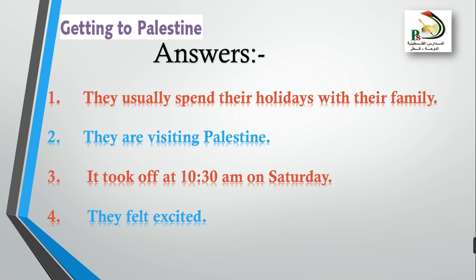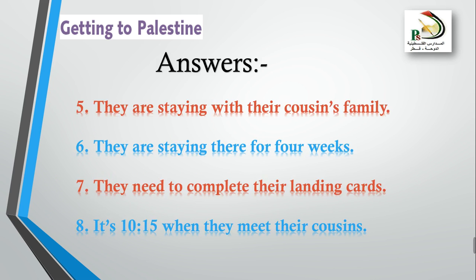Now the answers are: number 1, they usually spend their holidays with their family. 2, they are visiting Palestine. 3, it took off at 10:30 a.m. on Saturday. Number 4, they felt excited.